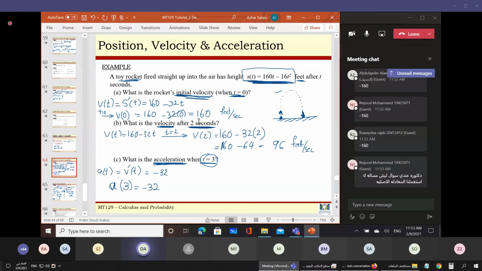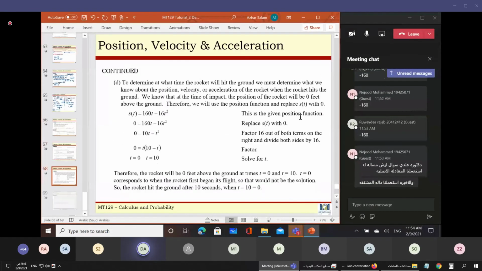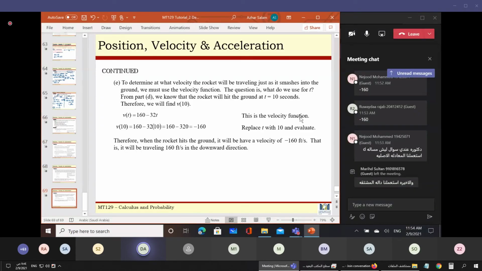But that was positive since it's going up, and we just found it was negative since it's going down. This is the only difference. That was the final example.